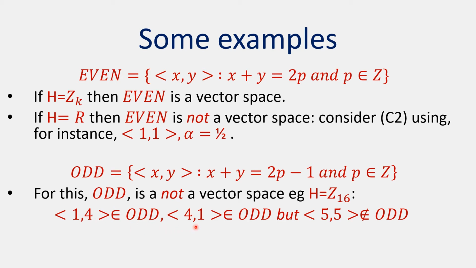Similarly, the vector 4, 1 is in that set, 4 plus 1 is 5. But their addition is a vector 5, 5, and that is not in this set here. 5 plus 5 is 10, which is an even integer.